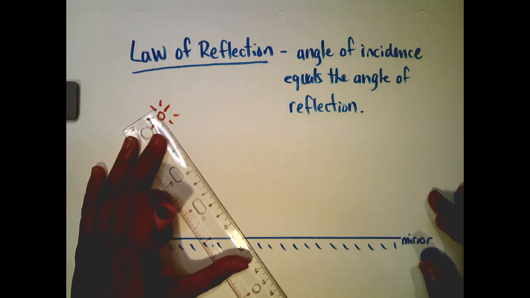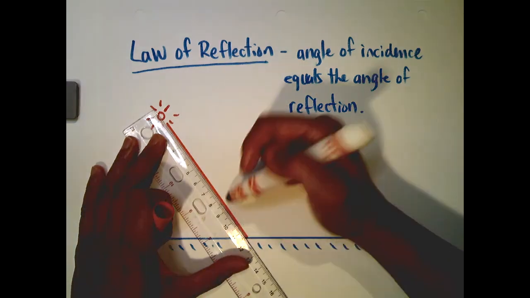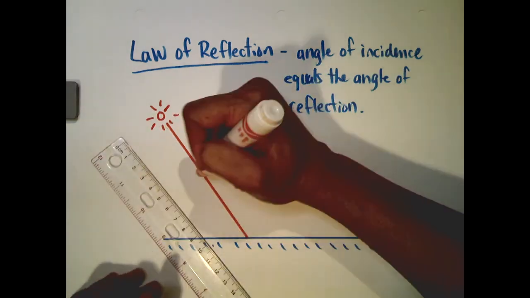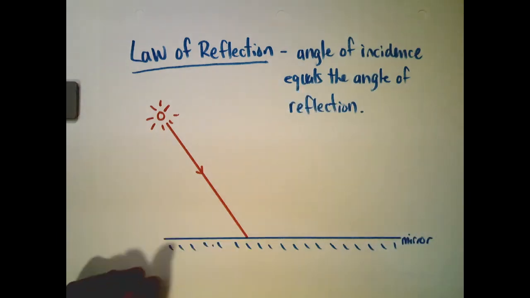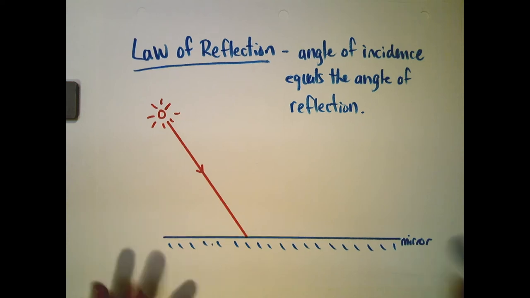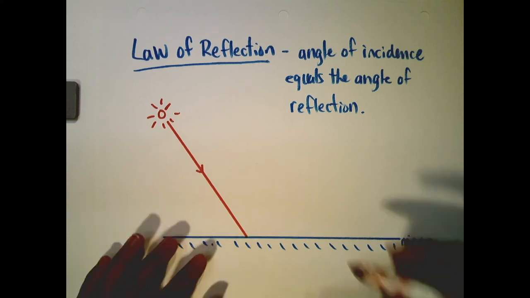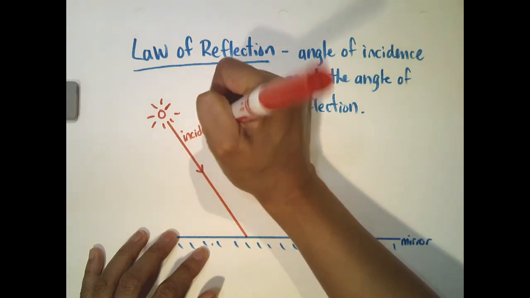So I'm going to take one of those rays, and remember, light travels in straight lines, and in this case, the light is going this way. Remember, all light rays need to be a straight line with an arrow, so you know which way it's going. And this here is your incident ray.